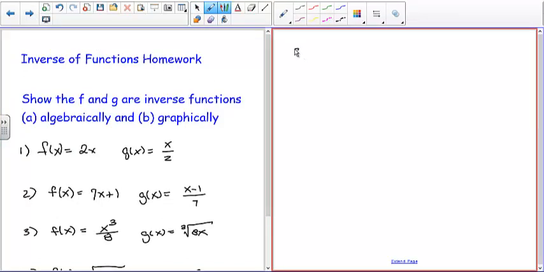Analytically, for number 3, we have f of g of x. So f of x is x cubed divided by 8. But for x, we put in the cube root of 8x. When you cube something that is a cube root, you just end up with what's inside. So you get 8x over 8, which is equal to x.